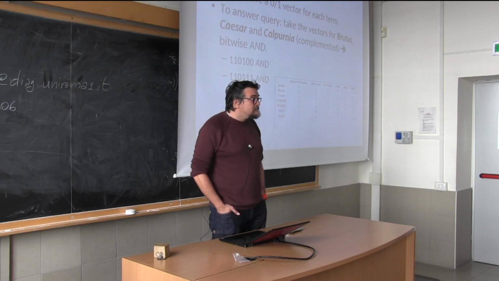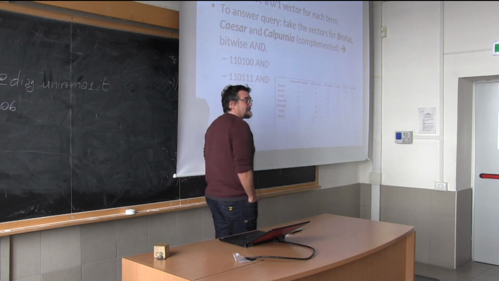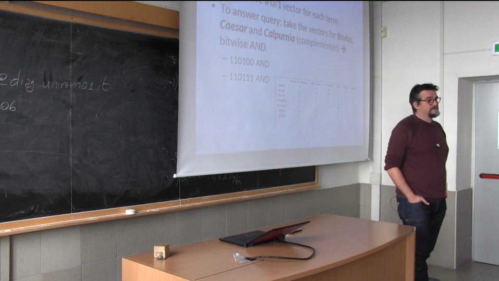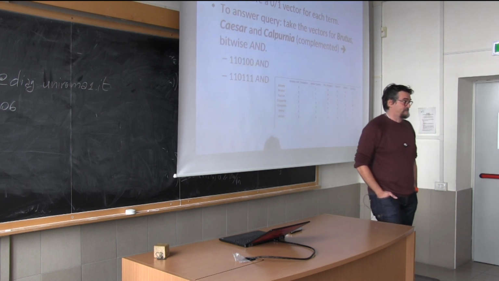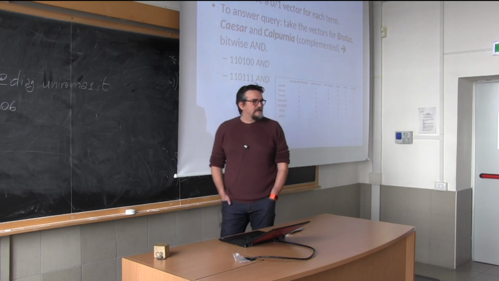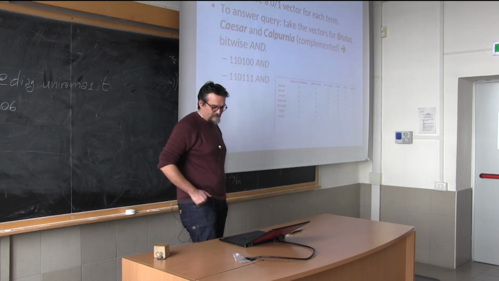Does it work? It works. But the matrix is huge. Okay? The main problem is that the matrix is huge, and it's also extremely sparse. Sparse means that you have a few ones and a lot of zeros. Okay? So this is the main problem we have.